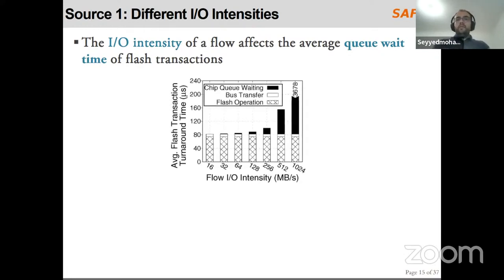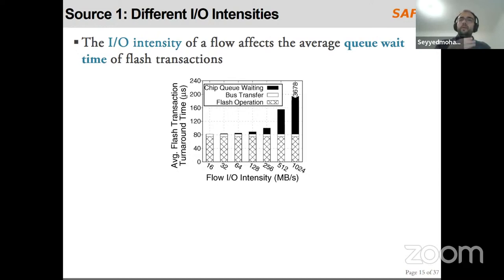As an example, we have a synthetic flow for which we increase the IO intensity from low, like 16 megabytes per second, to high, 1024 megabytes per second. We are showing the breakdown of the average flash transaction turnaround time: flash operation latency, bus transfer latency, and chip queue waiting.